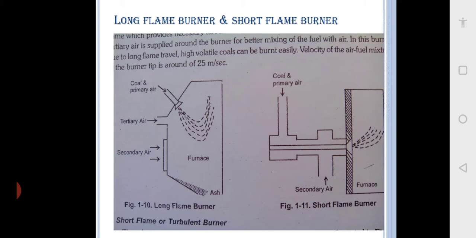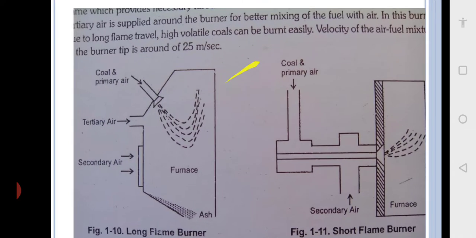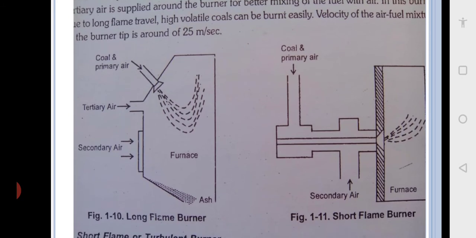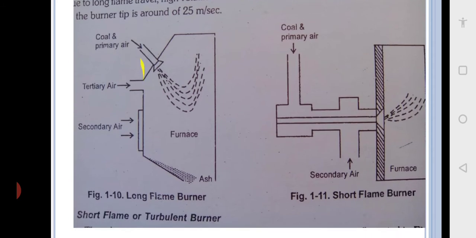Now the burners also, different types of burners are available, like long flame burner and short flame burner. As I was telling again, it all depends upon the type of fuel used, what is the moisture content, what is the calorific value, and what are the heat rates required.